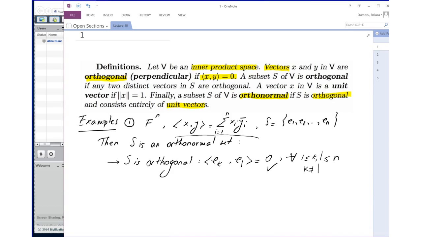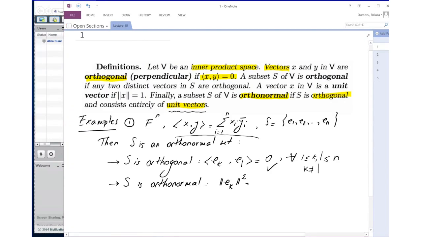Okay, but to be orthonormal, it must satisfy an additional thing. That is, every vector in there should be a unit vector. So for that, we need to compute the norm of every vector. So take one of those vectors like e_k. Let's find its norm.